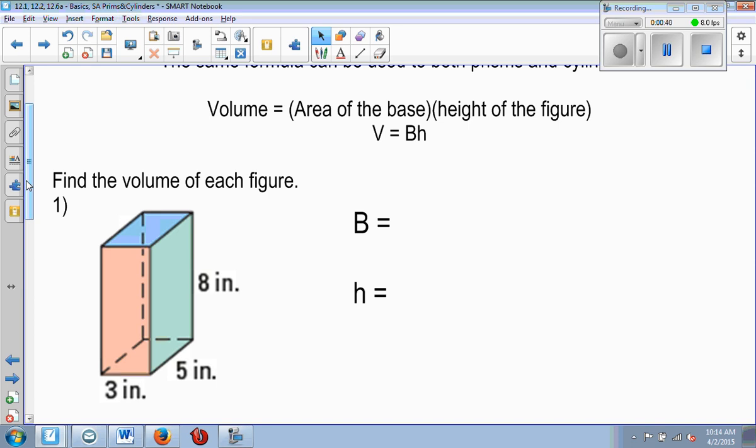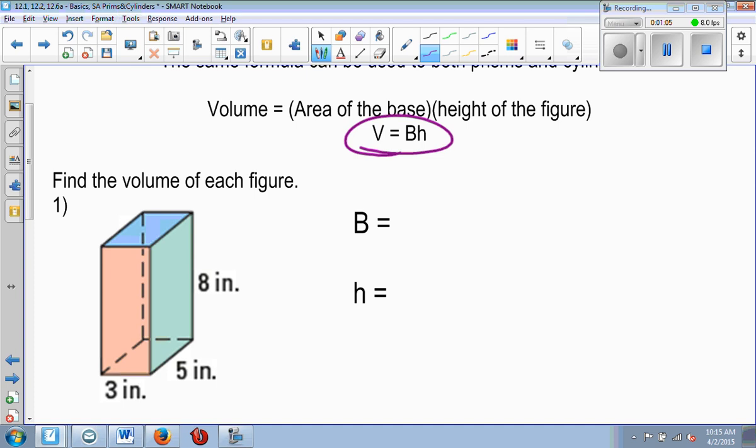For volume, a lot of students usually find this a lot easier than surface area, just for the fact that the volume formula is a lot simpler than surface area. In order to find the volume of any prism, any two-based figure, or a cylinder, it's just area of the base times the height of the figure.